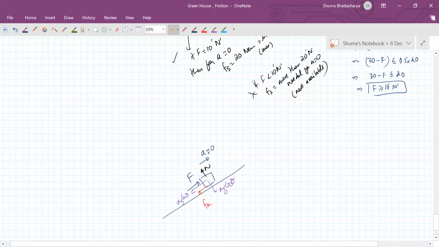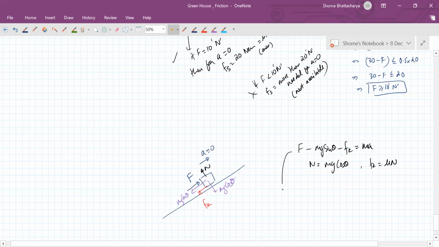Okay. So if I have an acceleration like this, I have the equation that F minus mg sine theta minus kinetic friction has to be equal to ma. And n is equal to mg cos theta. Kinetic friction is equal to mu n. Okay.